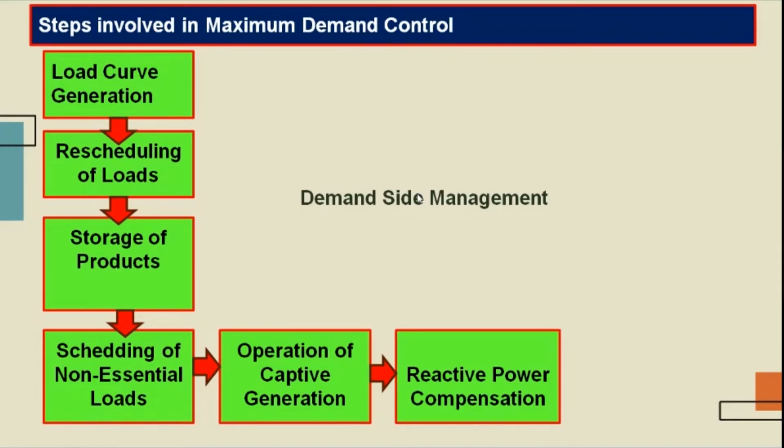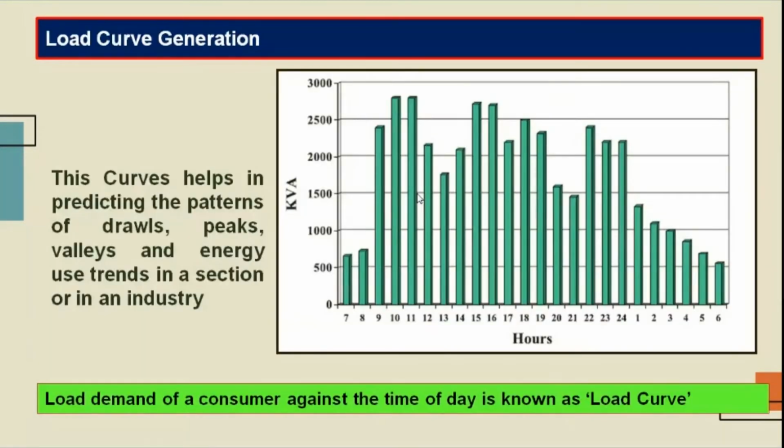First, we will start with the load curve generation. In case of the load curve generation, we plot the load curve over 24 hours. We will start from 7 a.m. in the morning and end at 6 a.m. the next morning. So this is the complete load curve of the 24 hours.